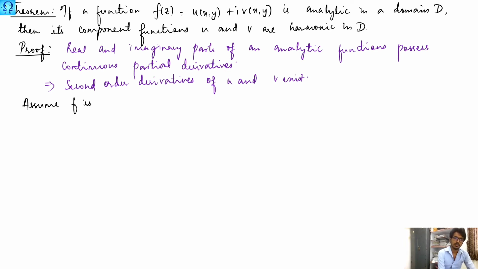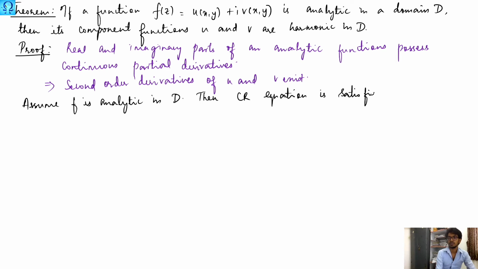Assume f is analytic on D. So if f is analytic in the domain D, then the CR equations have to be satisfied, from which we write u x equals v y and u y equals minus v x.